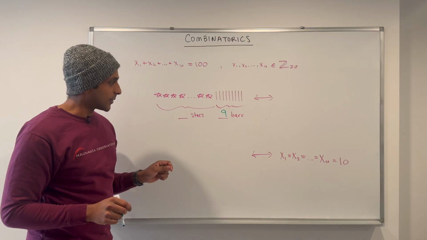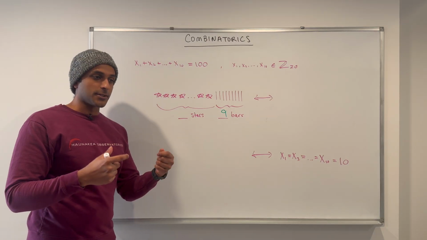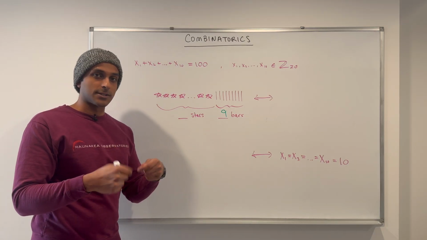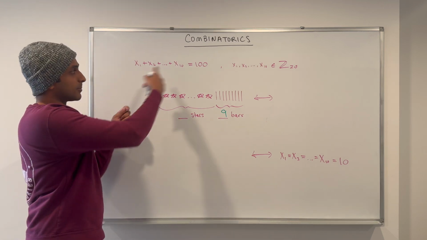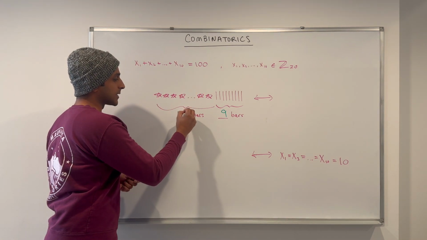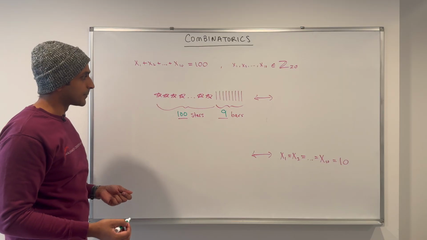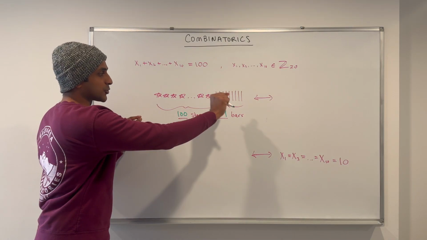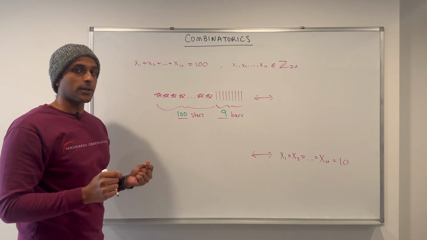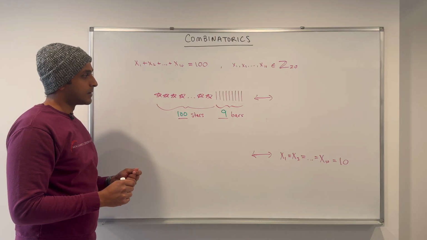So you have 9 bars, and in each of the regions, the number of stars represents the value of that variable, and the variables sum to 100, so of course that means there should be 100 stars in total. So for this particular string in this order, what outcome do you think it corresponds to?